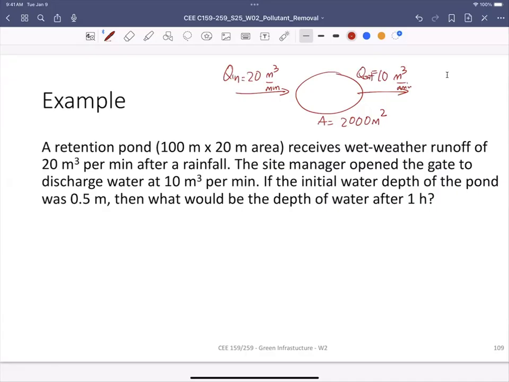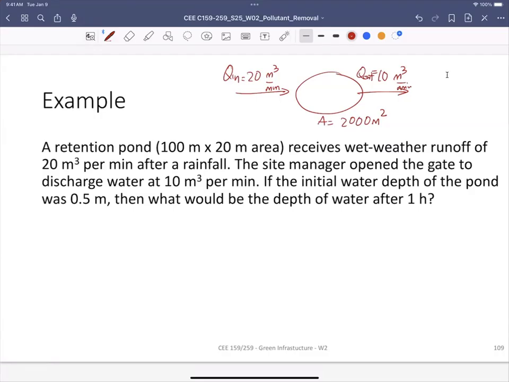And it's saying that your initial water depth is 0.5. What will be the depth of water after 1 hour? So all you have to do is calculate how much water is going to accumulate in that 1 hour. If you know that, you know how much height is going to be reached.